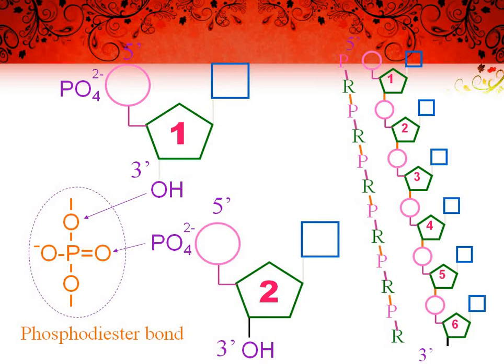Thereby we have this orientation, that is 3' to 5'. So this orientation is actually the phosphodiester bond formed between 2 consecutive nucleotides, and thus it results in formation of a long chain of ribopolynucleotide, which forms the RNA molecule.